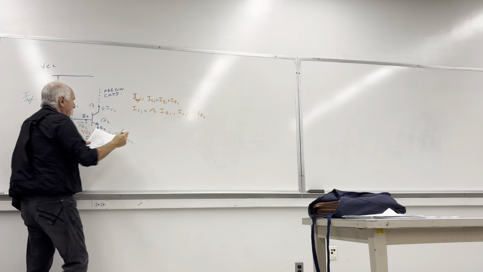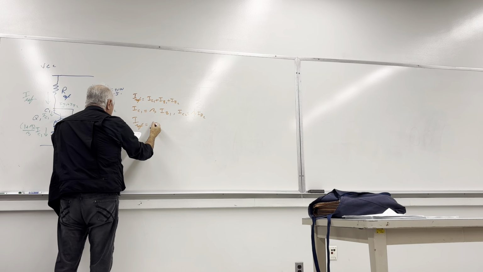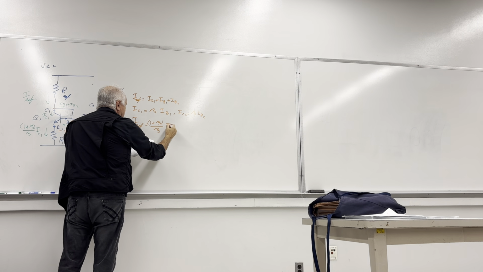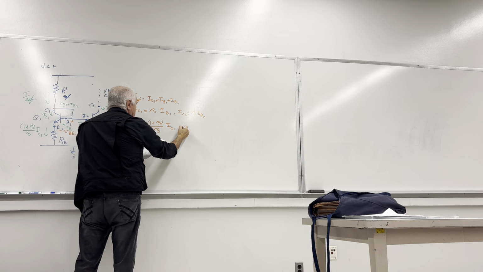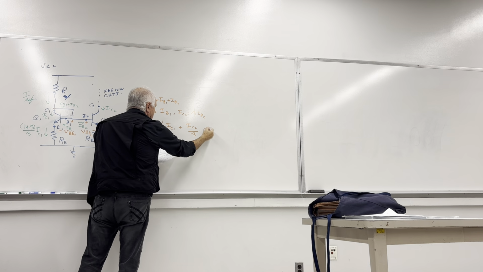Then IREF is going to be equal to 1 plus beta over beta times IC1 plus IC2 over beta. So this becomes equation number 1.